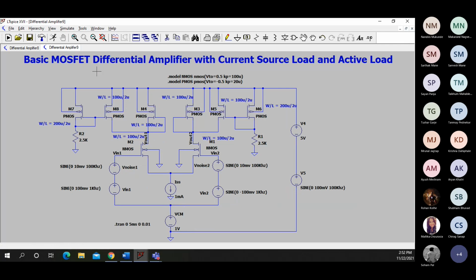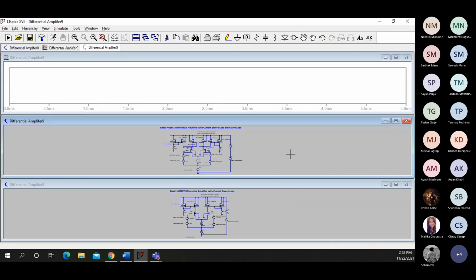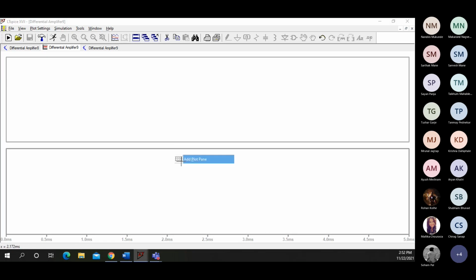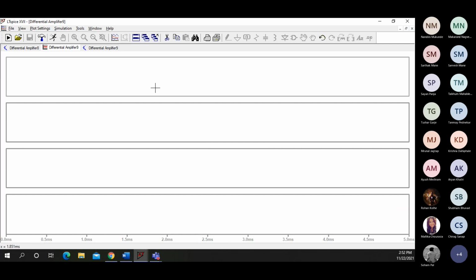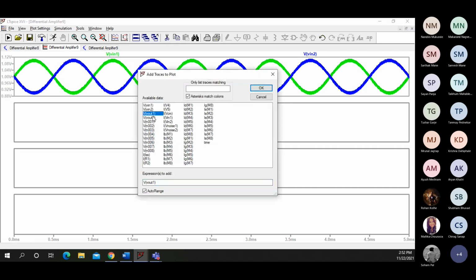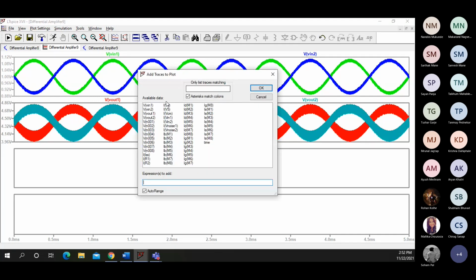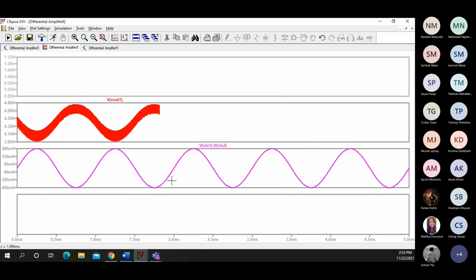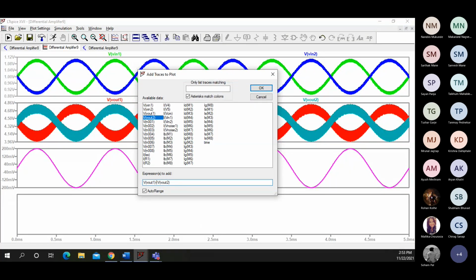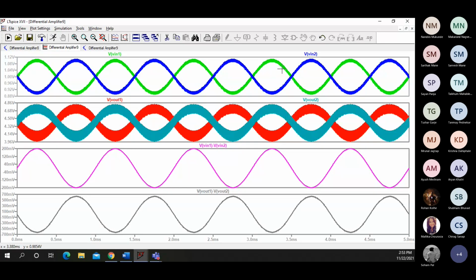So if you want, I'll test the ultimate differential amplifier. This is V in 1 and V in 2, V out 1 and V out 2.